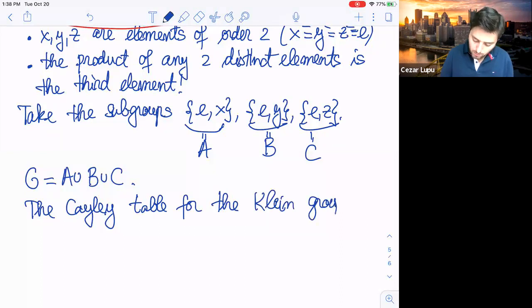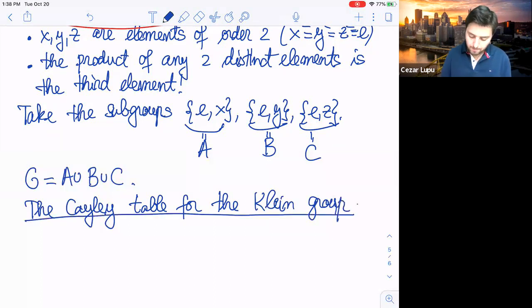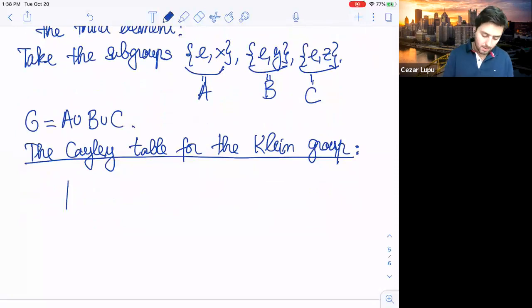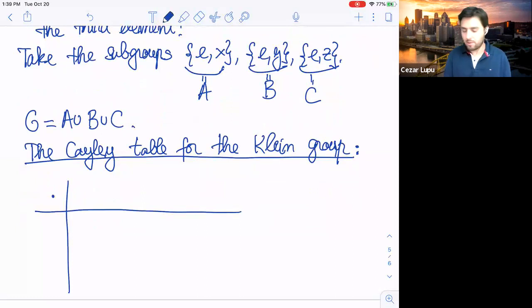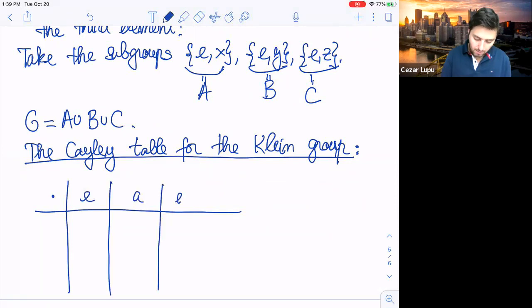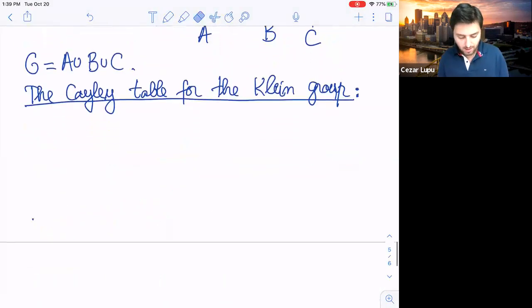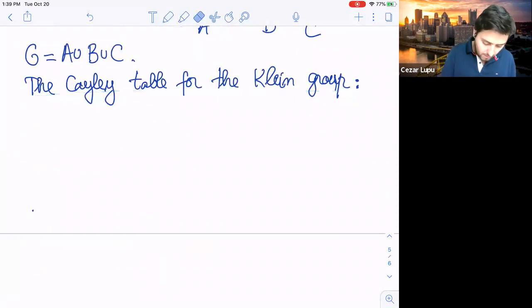Whatever operation we have here, dot, star, whatever you want to put. So we have e, x, y, z, x, y, z. I forgot about the e. Sorry about that.